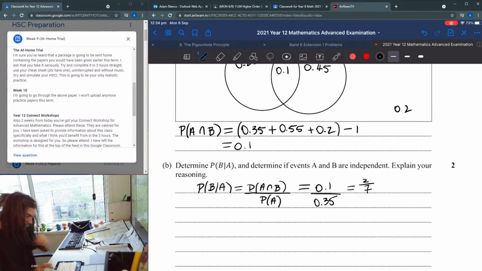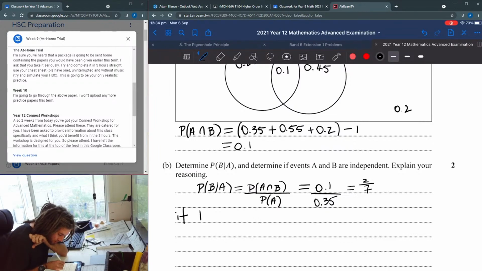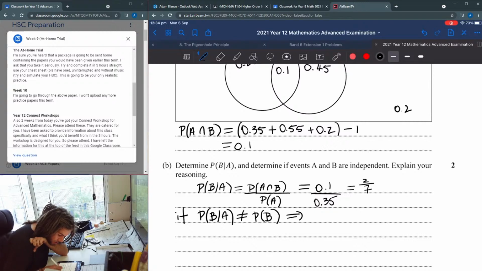Now, if the probability of B given A does not equal the probability of B, then they are not independent.